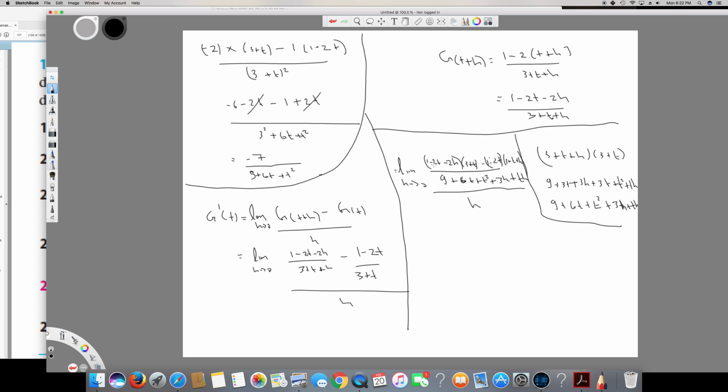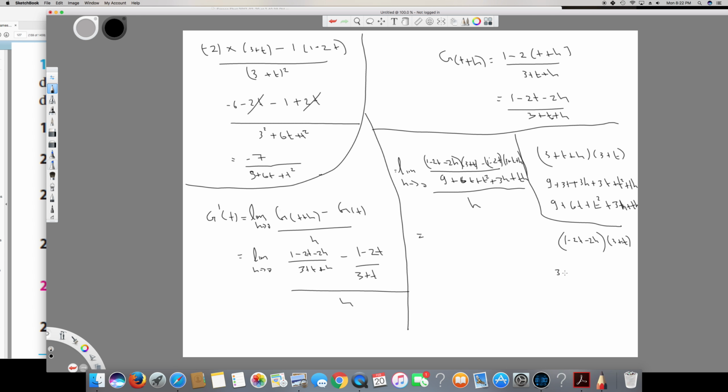Now I have to multiply this 1 minus 2t minus 2h by 3 plus t. Let's see what we get right here. If I expand this one, first I multiply by 3 and then multiply by t.